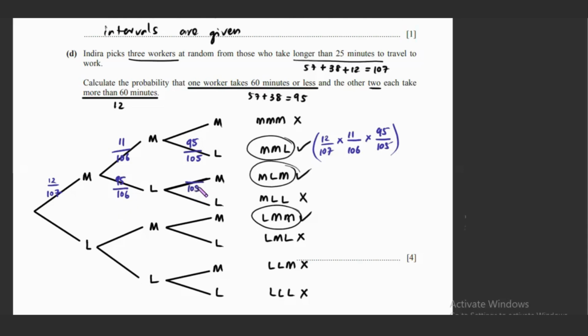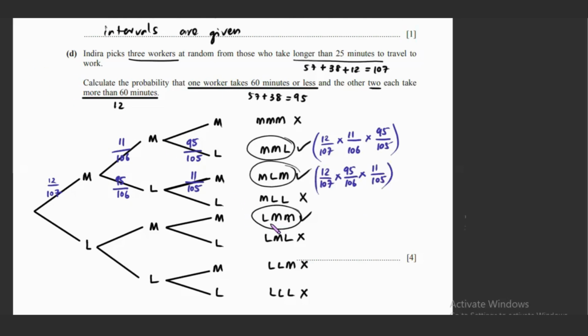So it's going to be out of 105. One of them is already picked from those 12 workers who take more than 60 minutes. So we will be left with 11 of them. So here now the probability will be 12 over 107 times 95 over 106 times 11 over 105.